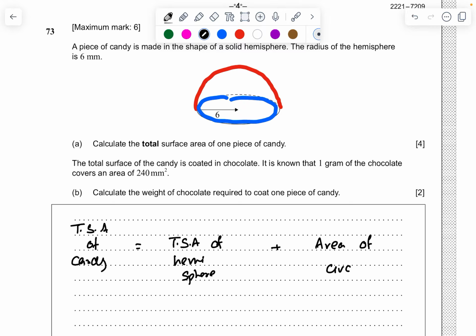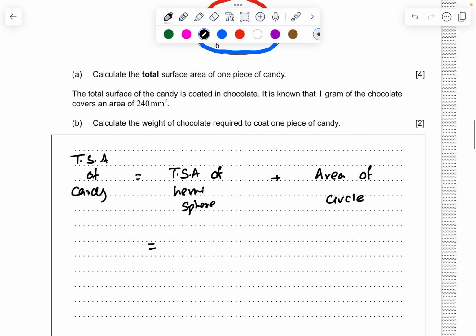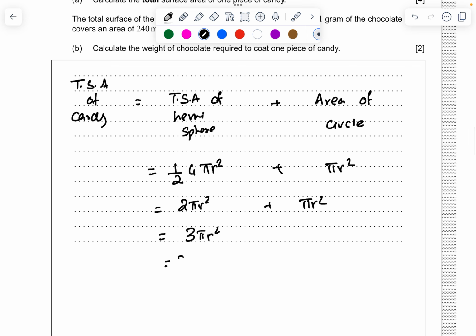These two parts you need to add. The total surface area of a hemisphere is 1 upon 2 times 4 pi r square. Area of a circle is pi r square. So this is going to be 2 pi r square plus pi r square, which is 3 pi r square. That is 3 times pi times radius 6 square, which is 339.292. But I'm going to write it in three significant figures, 339 square.